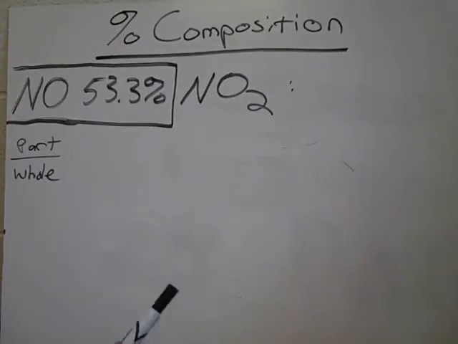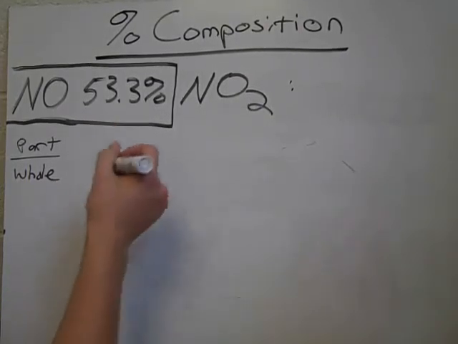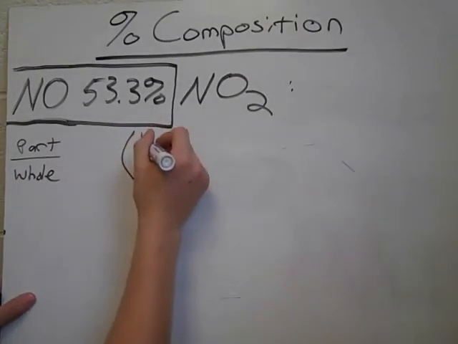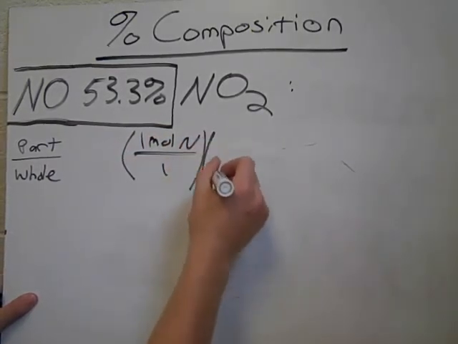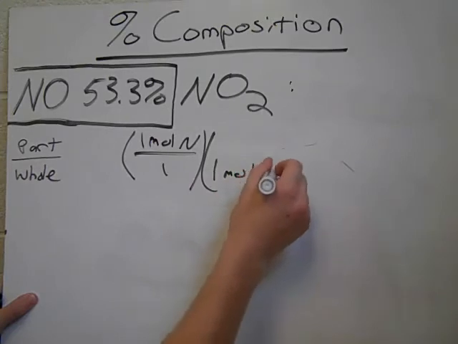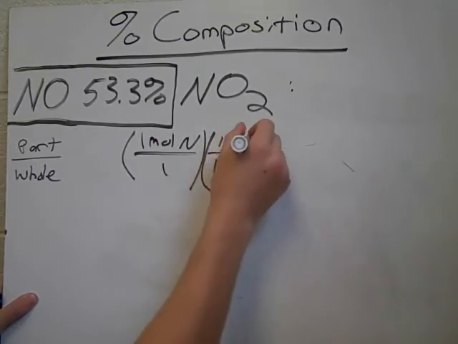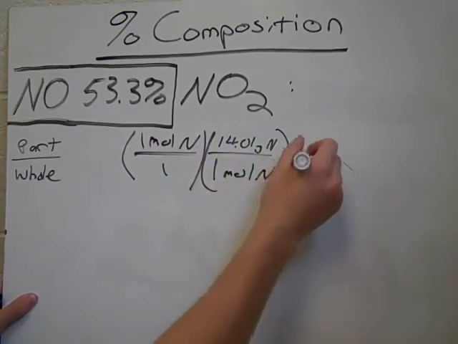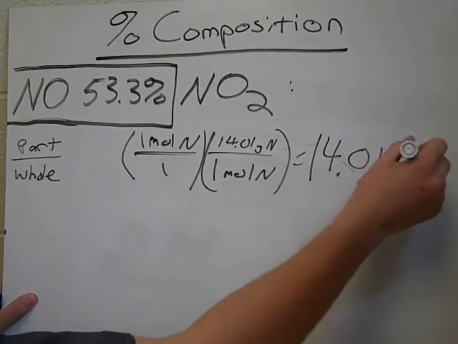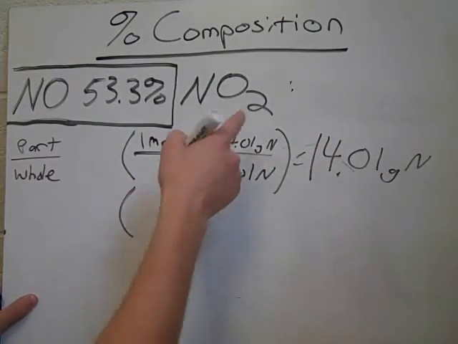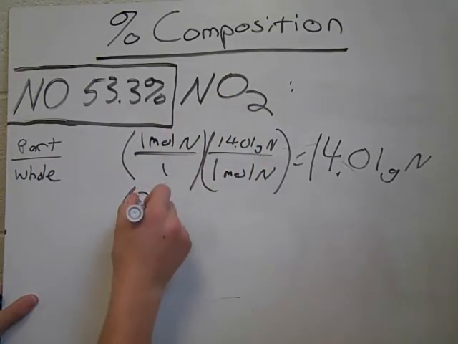Alright, now we're going to do the same thing with NO2. So you start out the exact same. You have 1 mole of N over 1. And then 1 mole of N is equal to 14.01 grams on the periodic table. So you have 14.01 grams of N. Now here, since you have 2 moles of O, that goes right there.